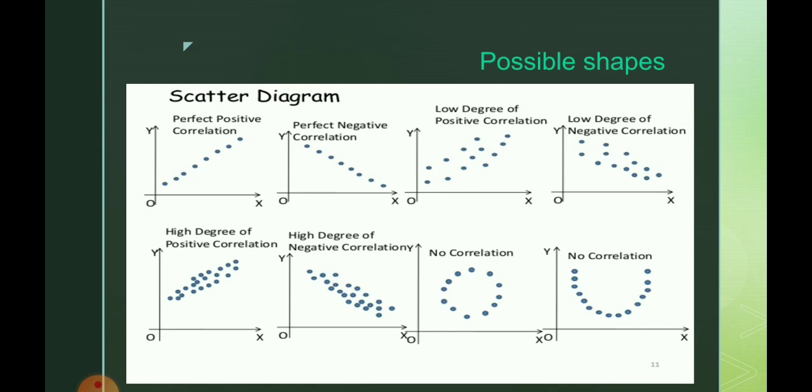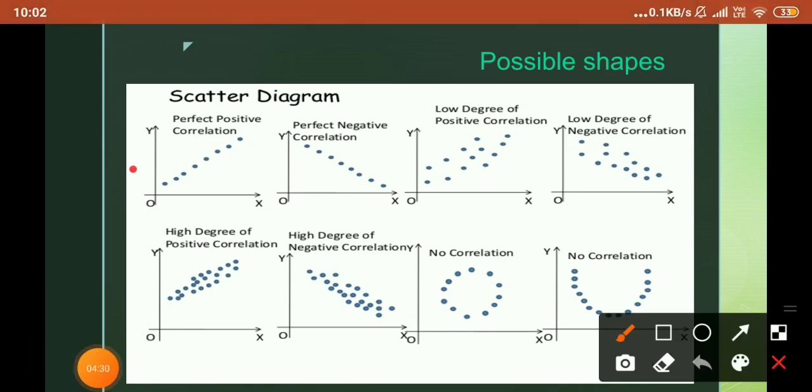Here you have different types of scatter diagrams that can take place. The possible shapes are, like in the first case, the perfect positive correlation. If all the data that you plot on the graph sit on a straight line that is going upward from 0,0, all the data points are on a straight line going upward.